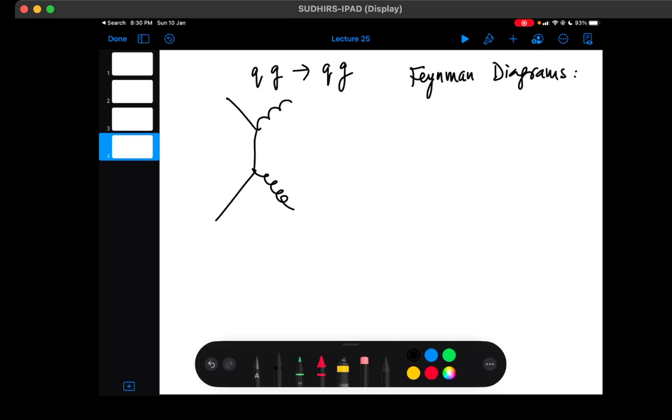Okay, this is a T-channel process. Sorry, this is an S-channel process. There is no T-channel in this, so the other one would be a new channel in which quark, gluon, quark, gluon, so P3, P4, P1, P2.